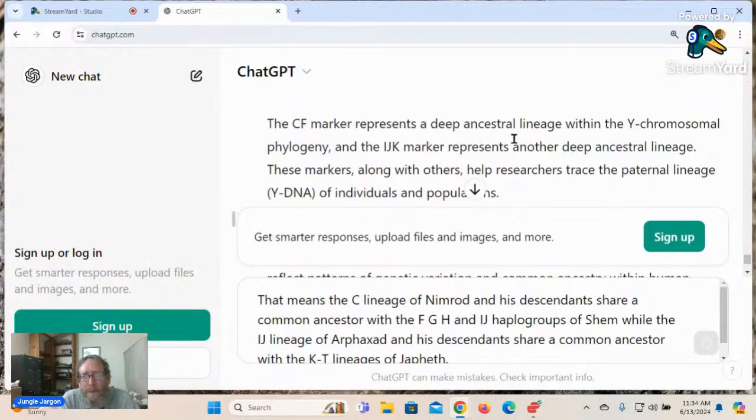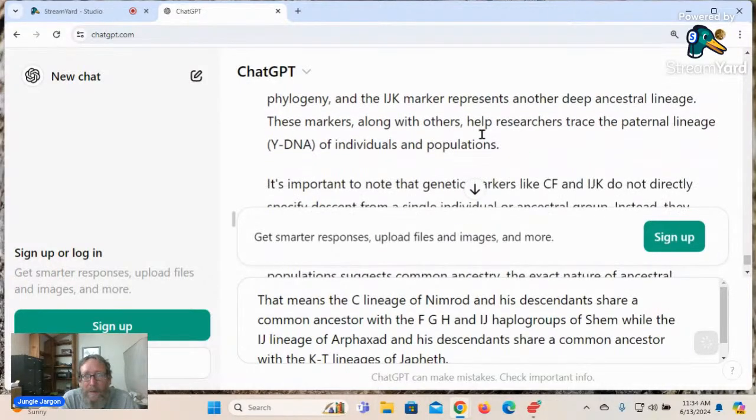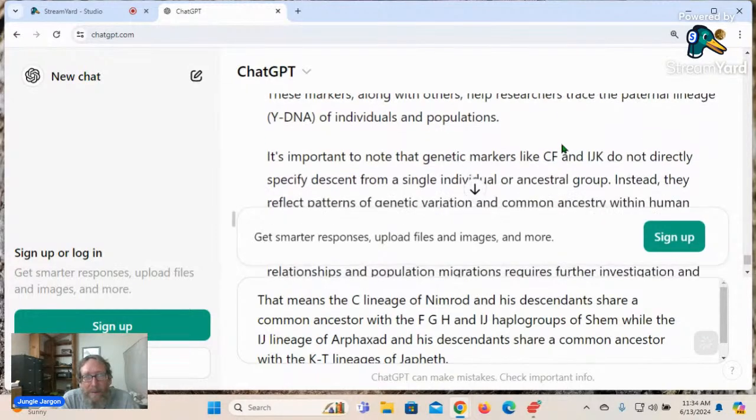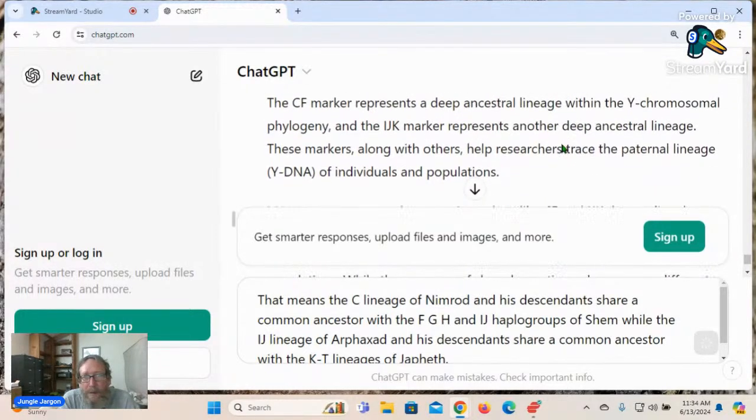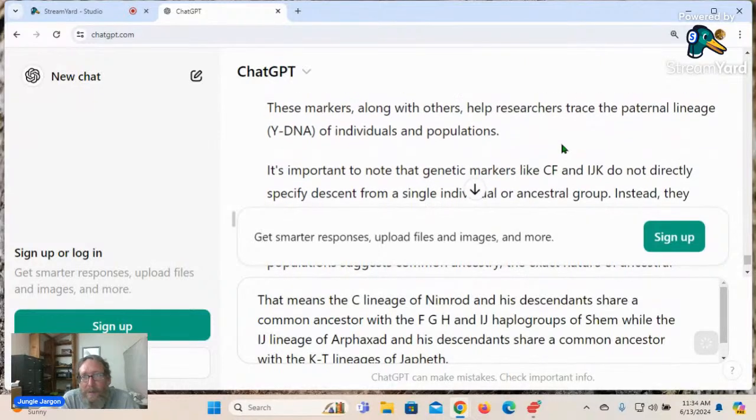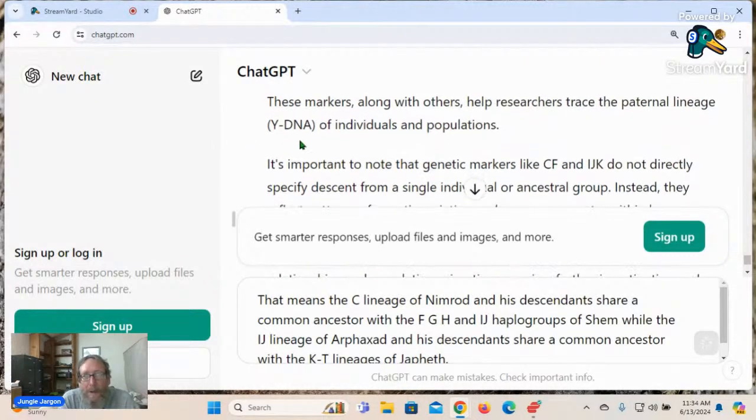The CF marker represents a deep ancestral lineage within the Y chromosome phylogeny. The IJK marker represents another deep ancestral lineage. These markers, along with others, help researchers trace the paternal lineage, Y DNA, of individuals and populations.